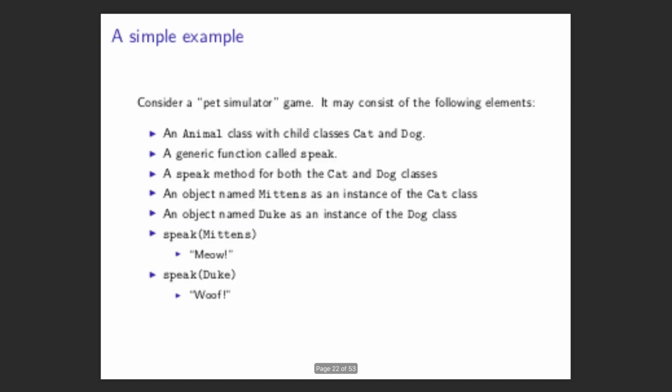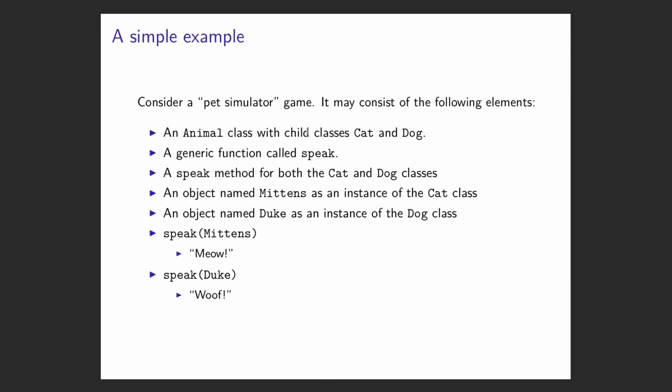Okay. So let's look at a very simple example. We'll look at some more complex examples later on when we take a look at the MS example again. But for now, we're just going to take a look at a very simple example. So suppose you have a pet simulator game where you're a pet owner and you have some cats or dogs or something in this game that you can play with.